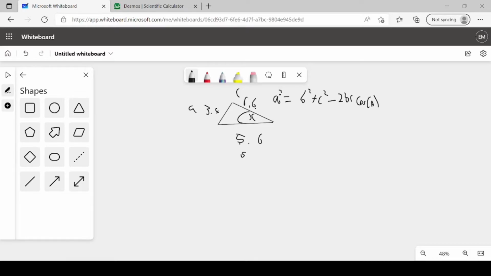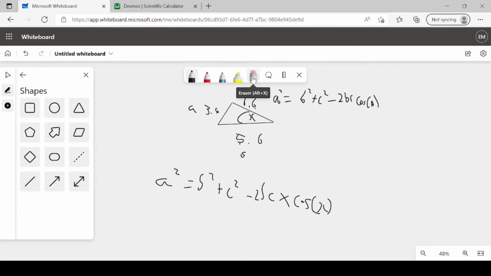So now let's start by writing out this equation. A squared equals B squared plus C squared minus 2BC times cosine A, or cosine of X in this situation. And now, seeing as we're trying to work out the angle, we want to get the cosine by itself.